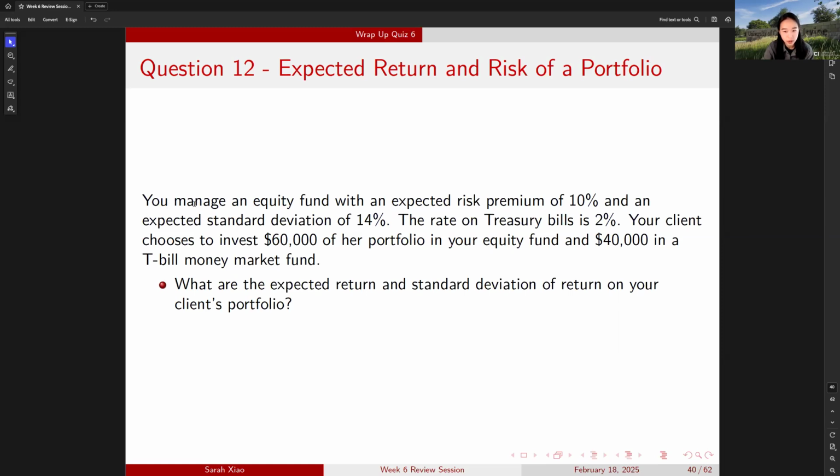So here we are given that we are managing an equity fund with an expected risk premium of 10% and an expected standard deviation of 14%. The rate on treasury bill is 2%, and our client chooses to invest 60,000 of her portfolio in the equity fund and 40,000 in a treasury bill.